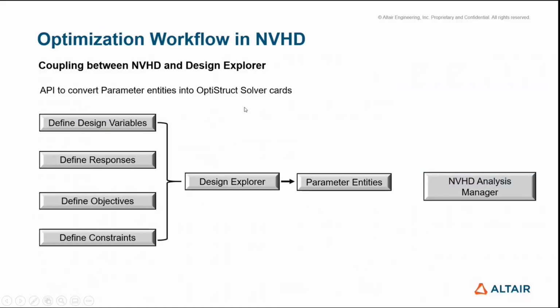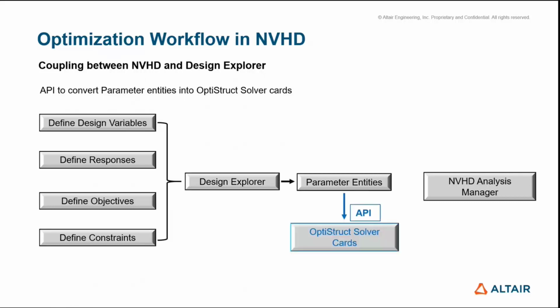This slide talks about the coupling between NVHD and Design Explorer. The most important thing is we have the APIs to convert the parameter entities into OptiStruct solver cards. We define the variables, responses, objectives, and constraints using Design Explorer. Once they are selected, the parameter entities are created.